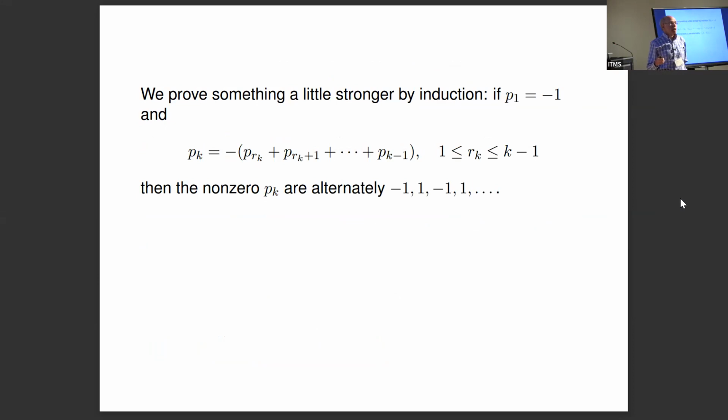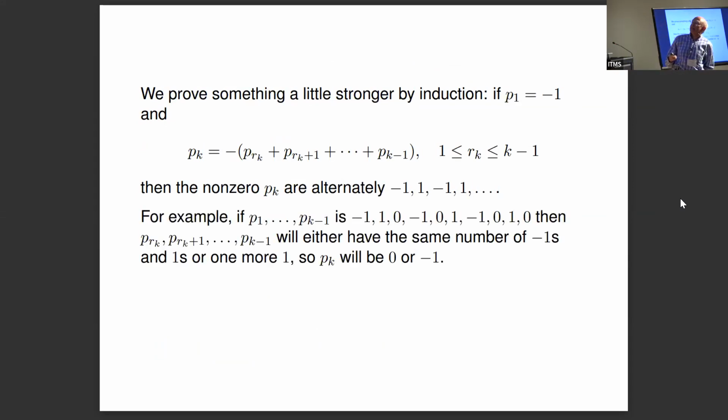And I'll just give an example that makes it clear why this happens. Suppose that my sequence starts off -1, 1, 0, -1, 0, and so on. To get the next term, we're going to add some final subsequence. Starting somewhere, we're going to add all of the terms from there to the end. And we can ignore the zeros. We're just adding alternately -1s and 1s.